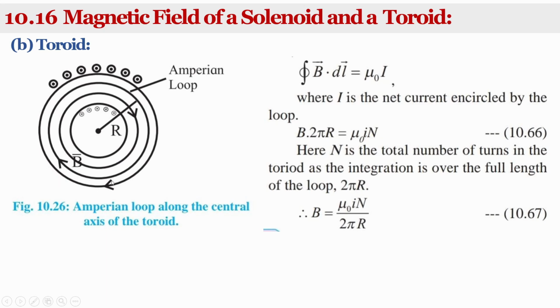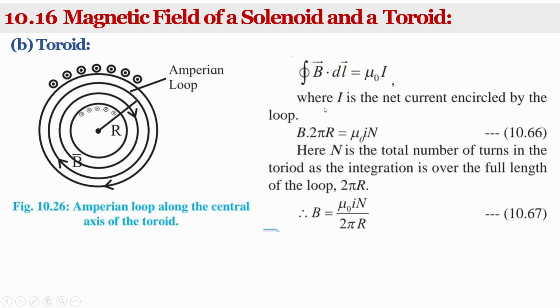The direction of the field is indicated by the direction of current I in the coil around the toroid. According to Ampere's law, the line integral of vector B dot dl equals mu naught I, where I is the net current encircled by the loop.